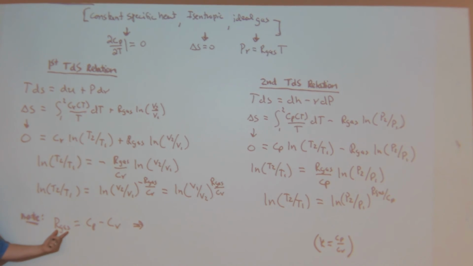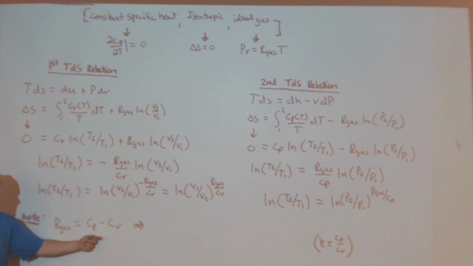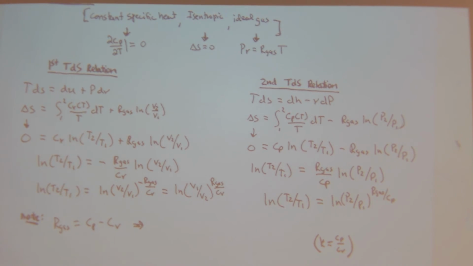If you think about how you measure a heat capacity, you add heat, right? So you're adding heat to something, or you're watching how long it retains heat. So our gas constant, that's Cp minus Cv.